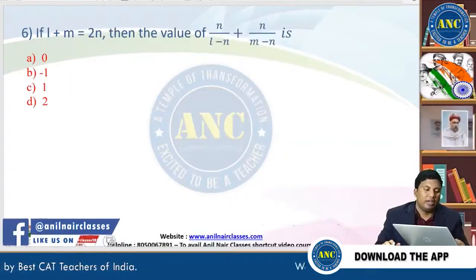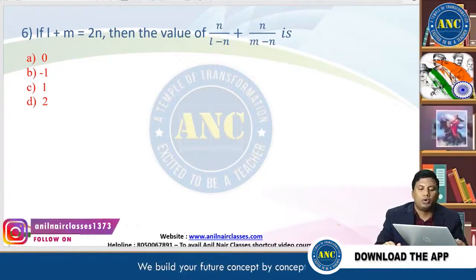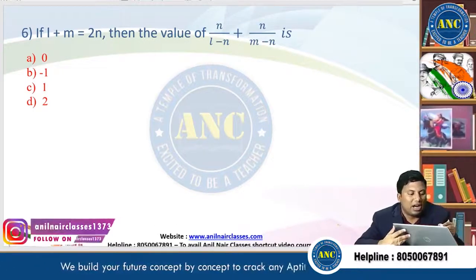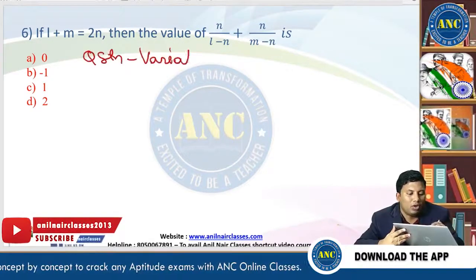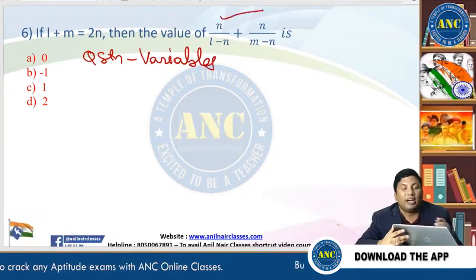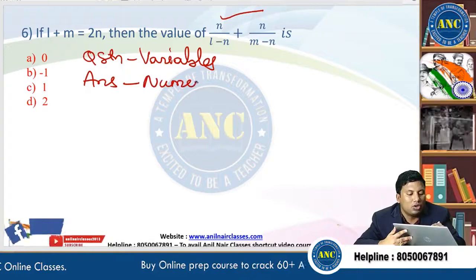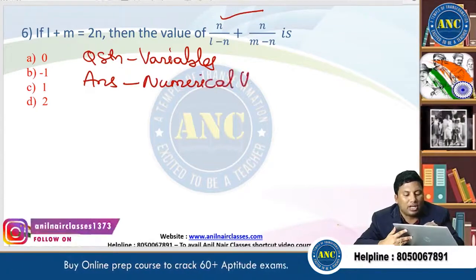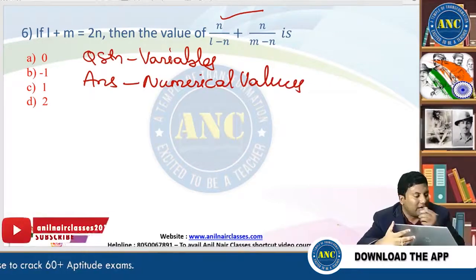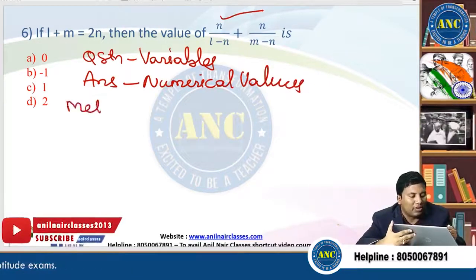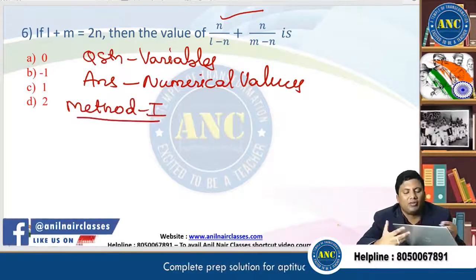Now method 3. In method 3, there is an equation given: L plus M equals 2n. Please write down another model. The question contains variables, and the answer contains only numerical values. Which method to use? Degree will not work, sir.